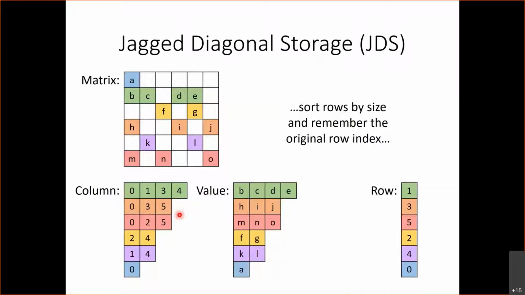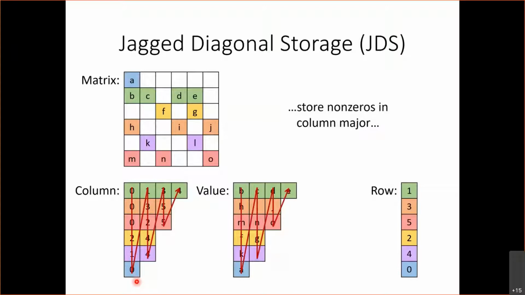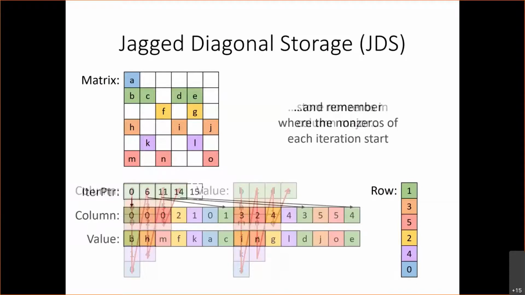And then in order for us to achieve good coalescing, we stored these rows in column major order. So we went in this direction. When we linearize the arrays, as you can see, we have the values, we have the columns, we have the original row. We also have these offsets that tell us the beginning of each section or each iteration.